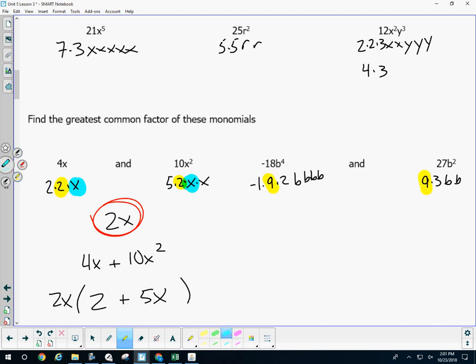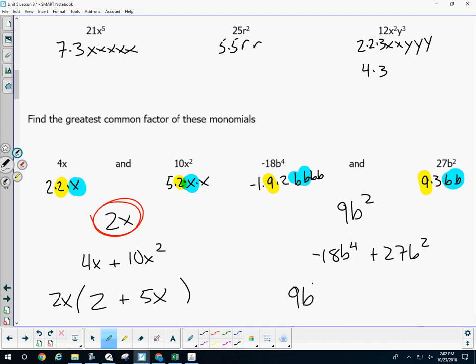And they also share 2 b's, which means 9b squared is the greatest common factor of those two terms. If I was adding these two terms together, and I asked you to factor, to turn this sum into a product, I would divide out a 9b squared, leaving me with negative 2b squared plus 3.